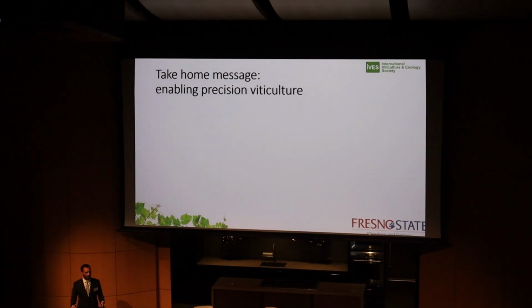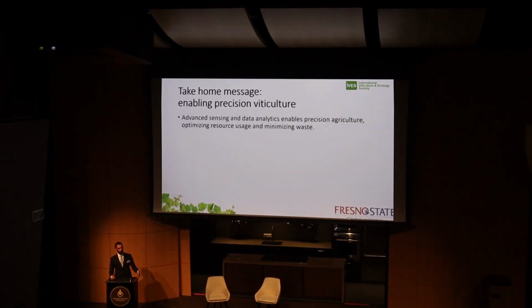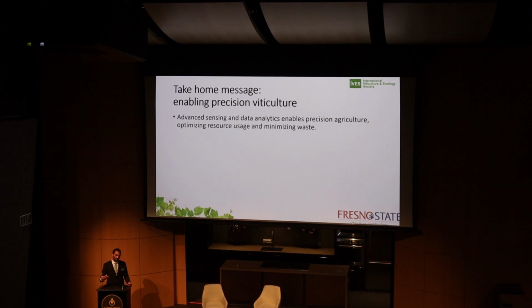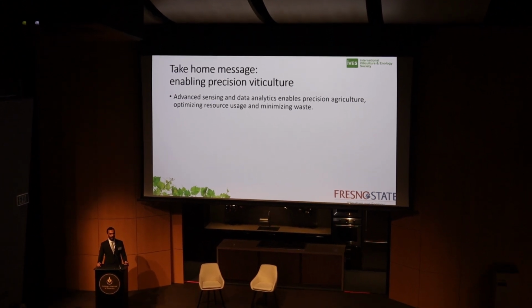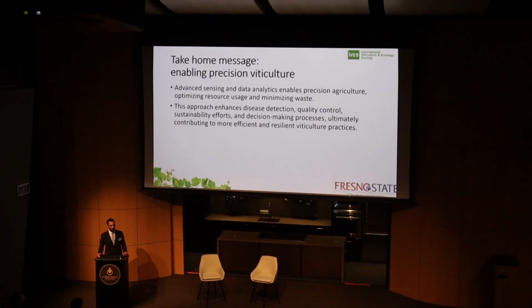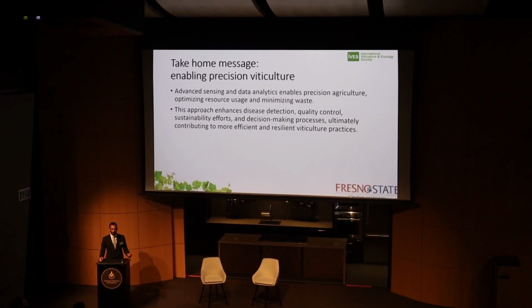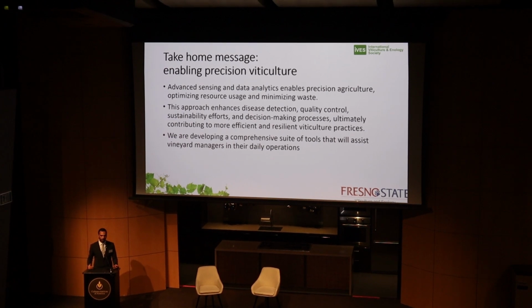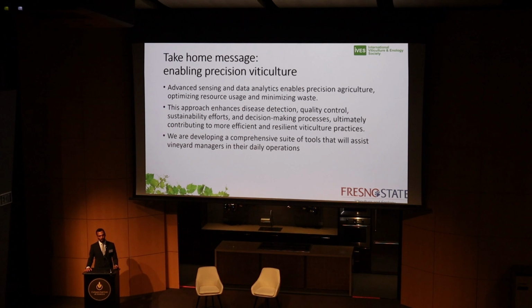Just to conclude, of course, I showcased a part of the work we do in the lab using hyperspectral sensing to enable precision agriculture to optimize resources and minimize waste. We can try to use advanced sensing systems to enhance vineyard management. And the idea behind this is not only doing the science, but also to transfer something directly into the hands of the growers that could assist vineyards.